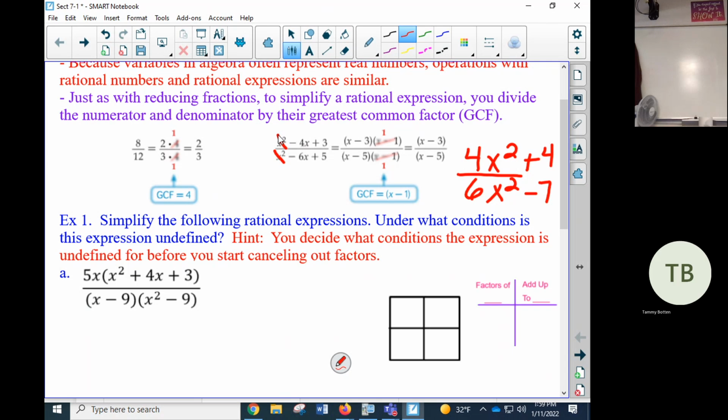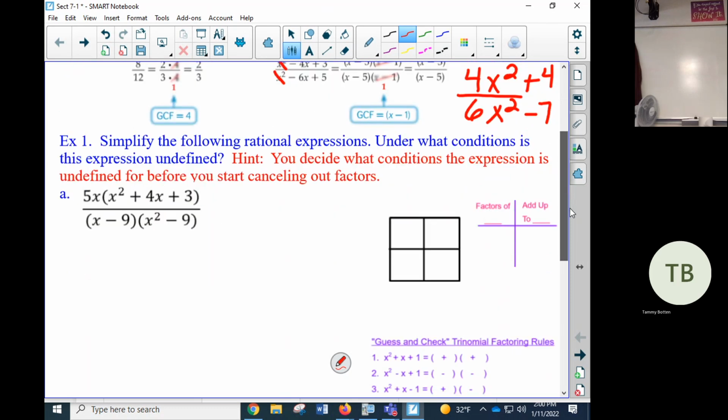So what we have to do here then is factor both of these. And when you factor both of these, then what you can do is see if one of your products that you factor into are identical, and then you can cross them out. And then what would be left is x minus 3 over x minus 5. But again, we can't get rid of those x's because there's something subtracted from both of them.